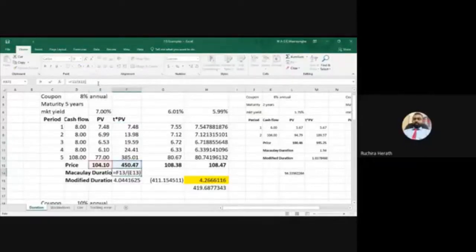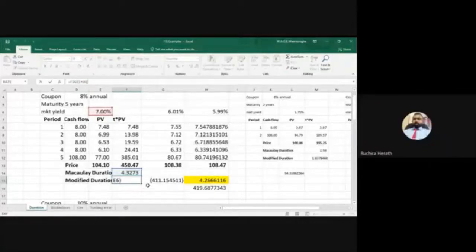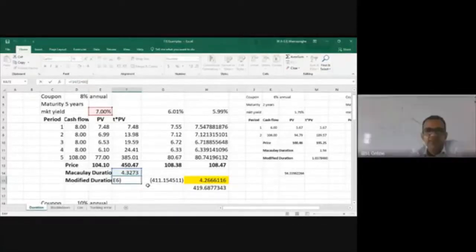When it comes to modified duration, it's the Macaulay duration divided by 1 plus yield. 1 plus E6 is the yield. Yield in the sense of 7%, not the coupon. Just remember, coupon and yield are two different things. Coupon is the interest rate that the issuer agrees to pay.